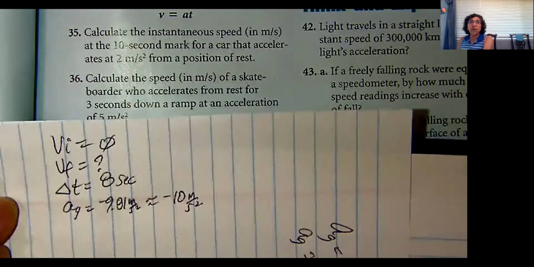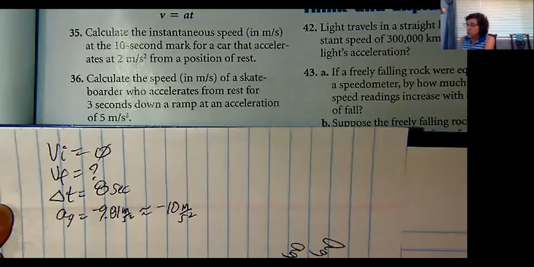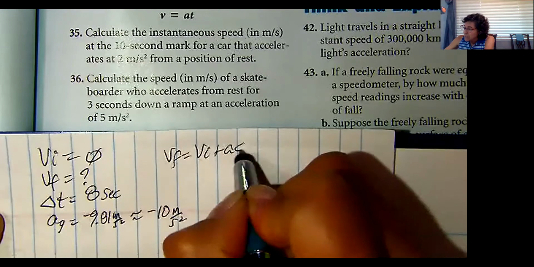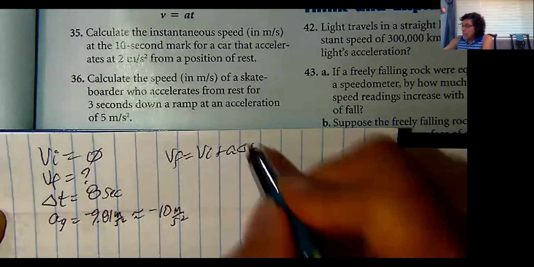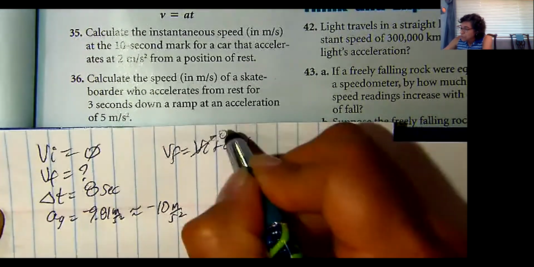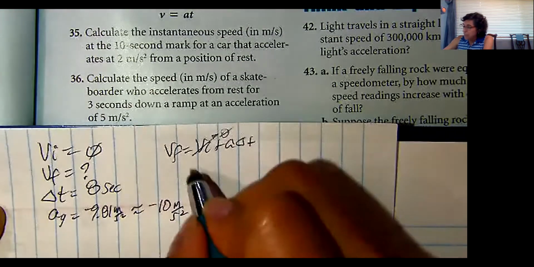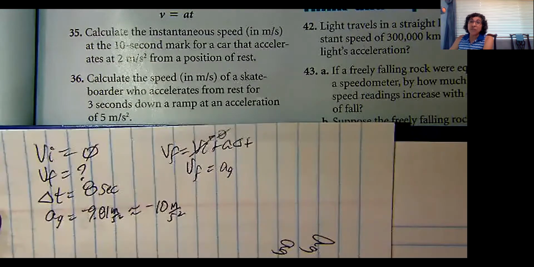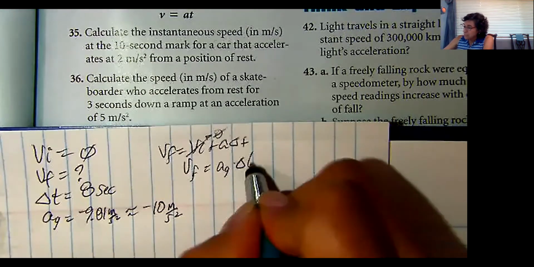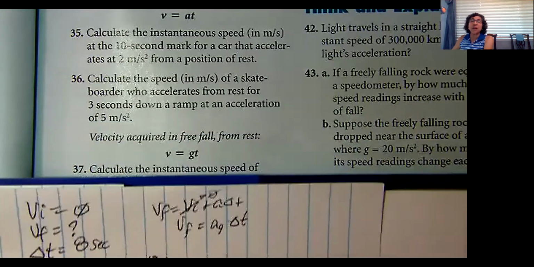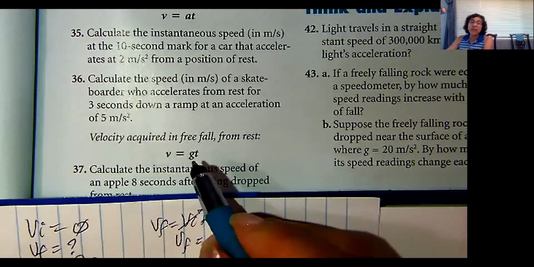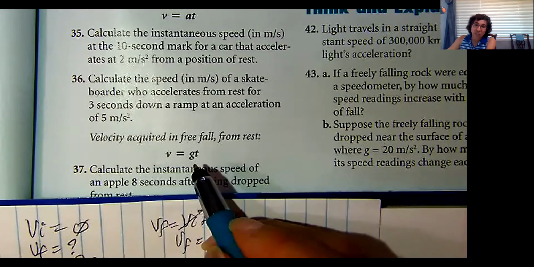All right, so now we go back to that same formula we used before. V final is equal to V initial plus A delta T. All right, here my V initial goes to 0. How convenient. So now I have V final is equal to A due to gravity times delta T. Now notice they tell you g t. Well, yeah, because I told you acceleration due to gravity is often written as a lowercase g.